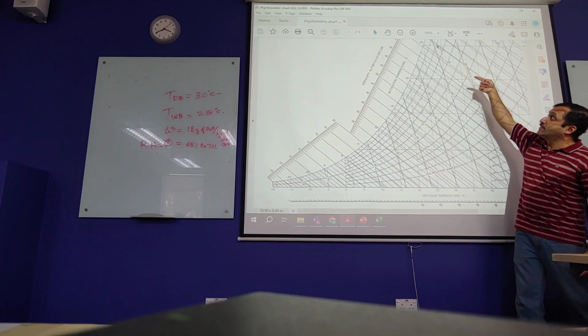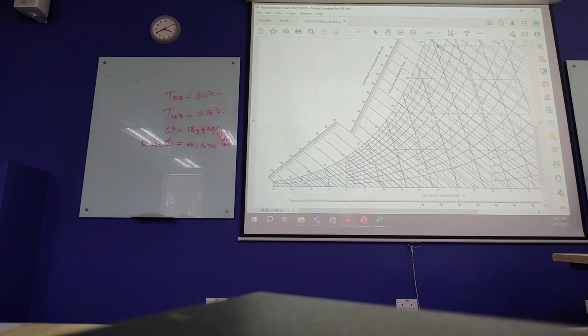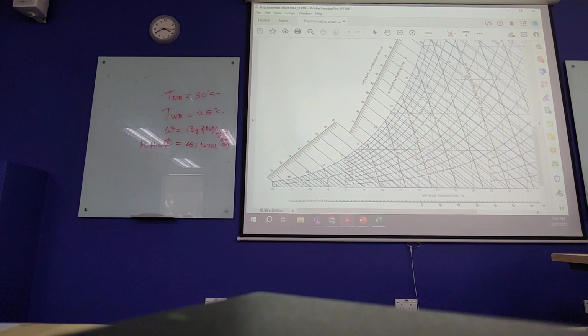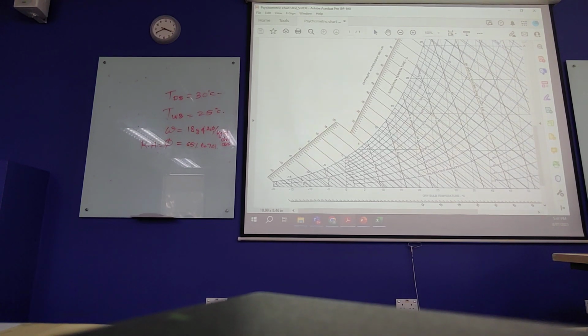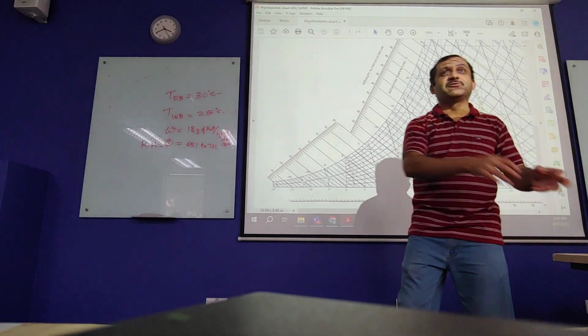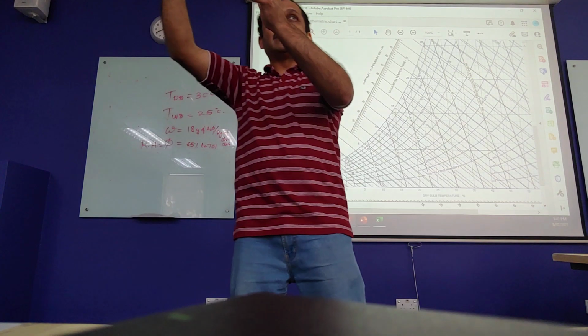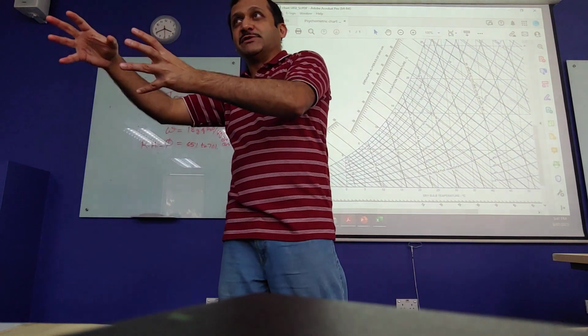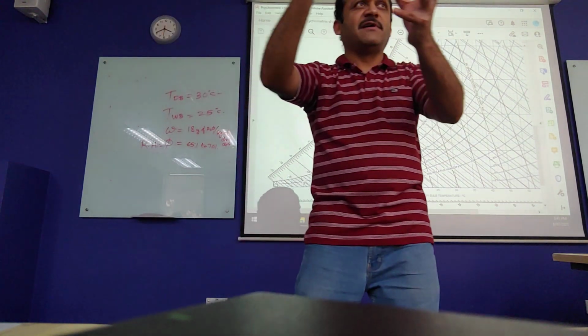Increase. From 80 it has gone to 90 already. From there, if you move further, you cool it down to 25 degrees, relative humidity is already 100%. Now what's going to happen when the temperature of the air reaches 25 degrees? You have cooled down that air which was at 30 and 80% relative humidity to 25.